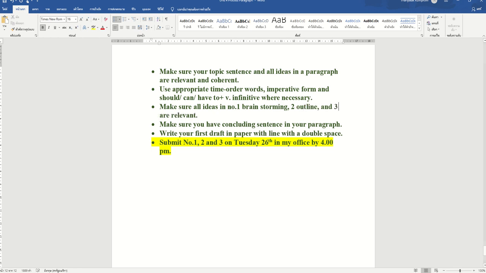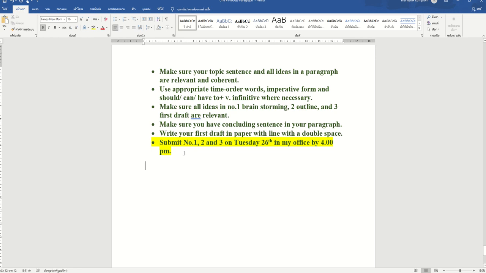And number 3 is your first draft. Make sure you have a concluding sentence in your paragraph. And then write your first draft on paper with lines, with a double space.